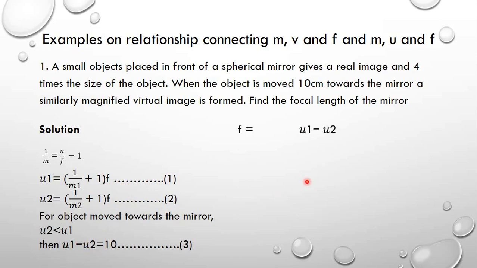If you make f the subject, we shall have u1 minus u2 divided by 1 over m1 minus 1 over m2. But we know that u1 minus u2 is equal to 10, so we shall replace 10 there, and then also replace m1 and m2 with the 4 and negative 4. And when we divide that, we shall get f as 20 centimeters if you work this out.